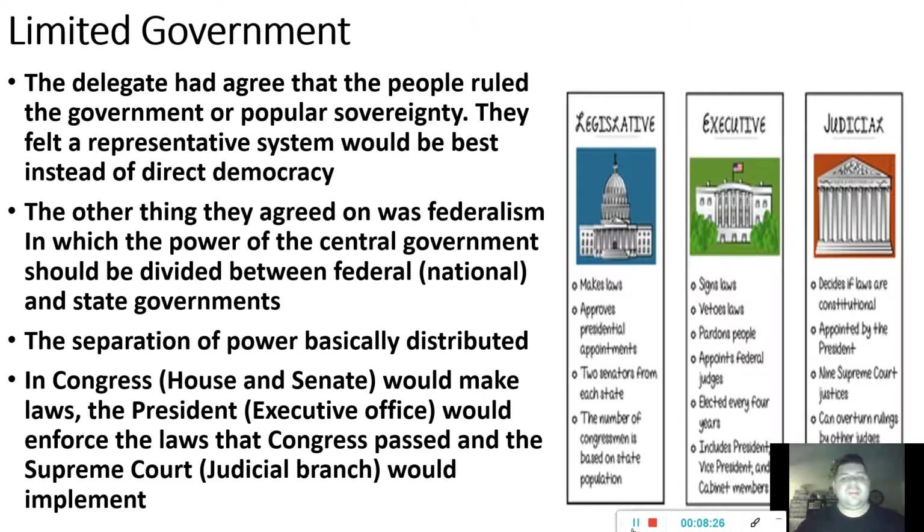So they pass the laws, it goes to the president, which is the executive. The president then either signs it or vetoes it. Okay. So if they sign it, then their job is to enforce that law, to make sure that it is being followed.